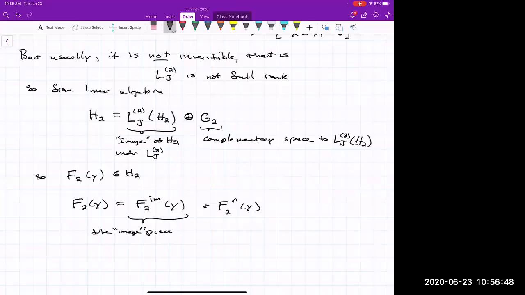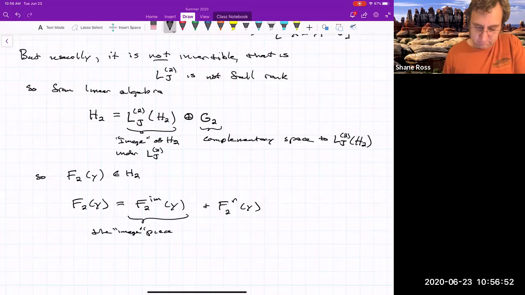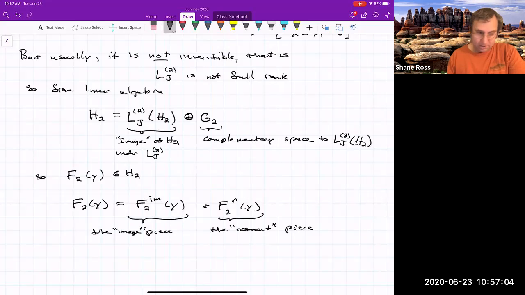Is the superscript on the F to the right an N or an R? It's an R. I'm not sure why, but it's the resonant piece. So F₂R is the part that's in the complement.